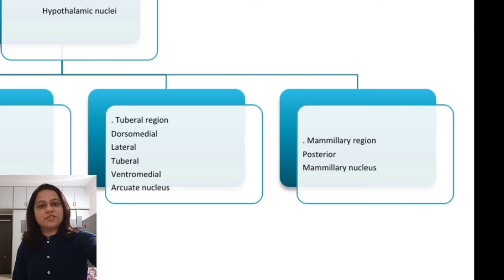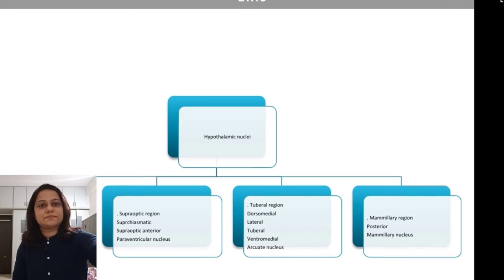Then tuberal region, which includes dorsomedial, lateral, tuberal, ventromedial and arcuate nucleus. Mammillary region includes a posterior and mammillary nucleus.